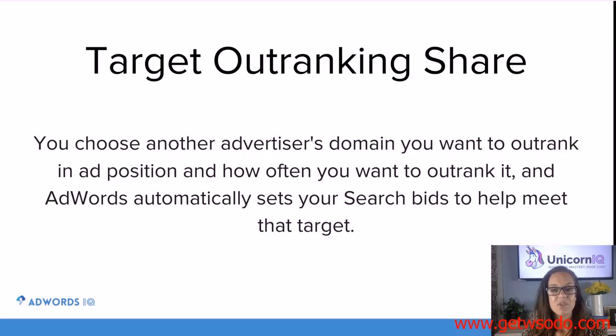Basically there's the benchmark domain, which is the domain that you want to compete against. That would be Burger King in this case, if I was McDonald's. Then there's the target outranking share, which is the percentage of auctions or the percentage of times that you want to bid directly against them. There's a max bid limit, which is the highest cost per click that you're willing to pay to outbid them.